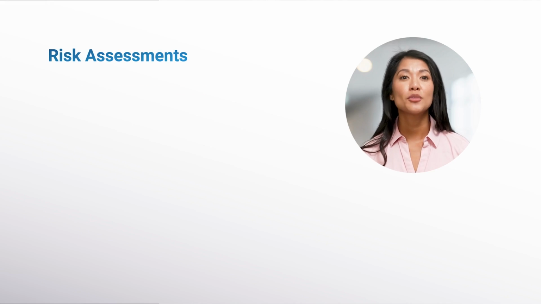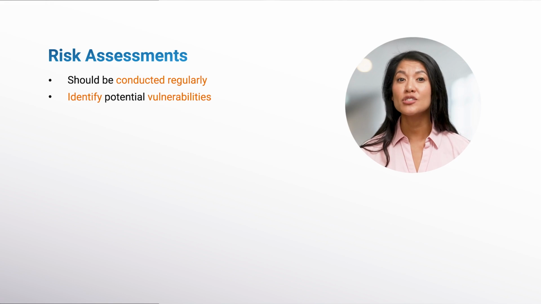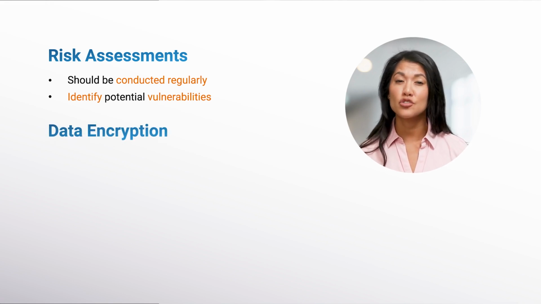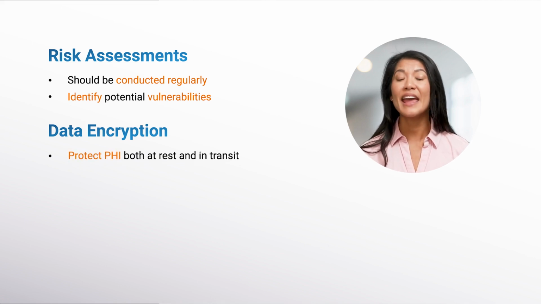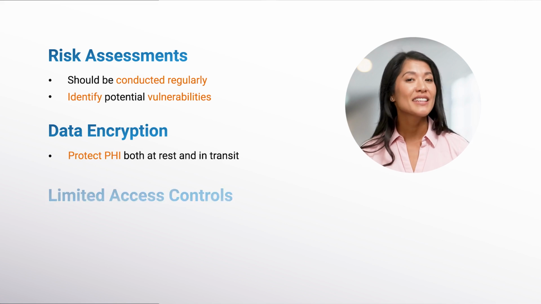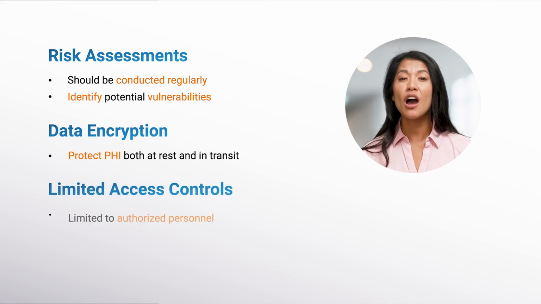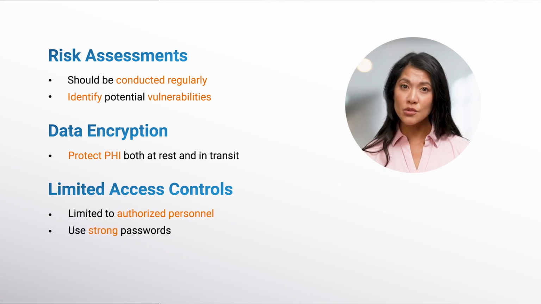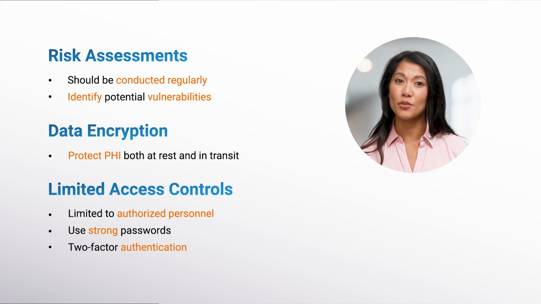Risk assessments should be conducted regularly to identify potential vulnerabilities in your systems and processes. Data encryption is vital since strong encryption measures protect PHI both at rest and in transit. Access controls should be limited. Access to PHI should be limited to authorized personnel only, and everyone should use strong passwords and two-factor authentication wherever and whenever possible.